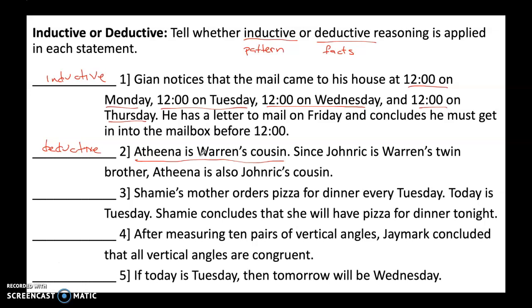Next, Shami's mother ordered pizza for dinner every Tuesday. Today is Tuesday. Shami concludes that she will have pizza for dinner tonight. So this is said to be inductive because Shami used the observation.